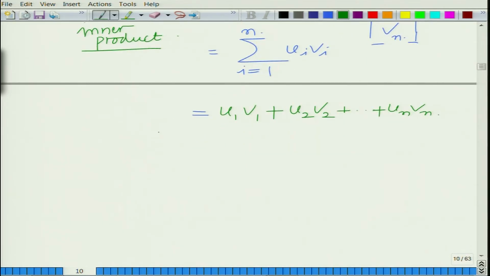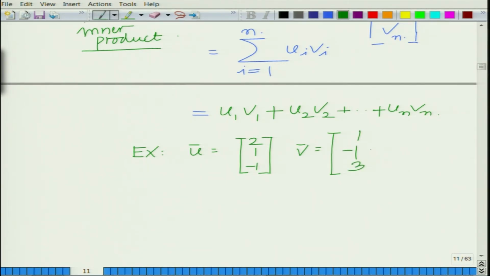For example, let us take these two vectors, u bar equal to 2, 1, minus 1 and v bar equal to 1, minus 1, 3.